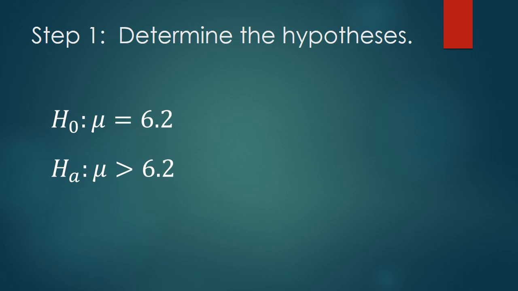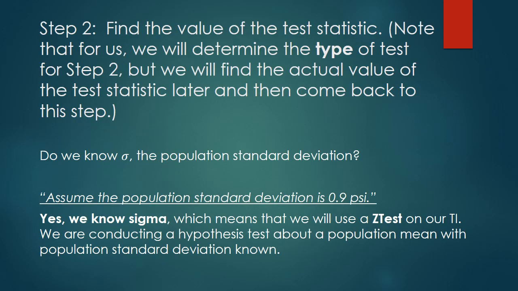But unless we have reason to believe otherwise, that's what we're going to go with. Our competing claim: is there sufficient evidence that the valve performs above the specifications? That's our alternative hypothesis, that the true population mean for these valves is greater than 6.2 psi.